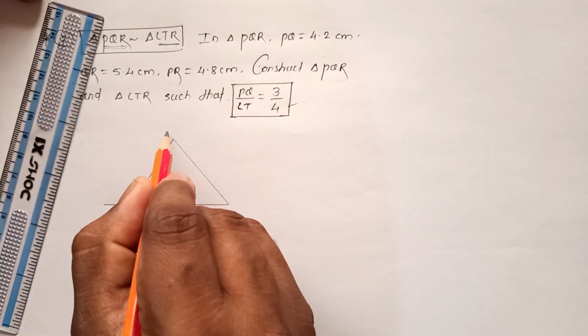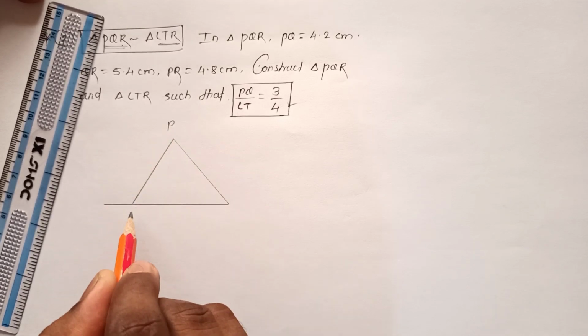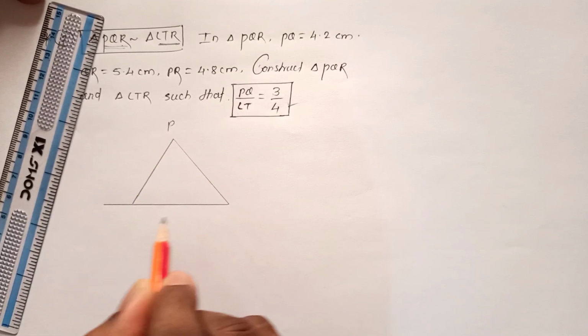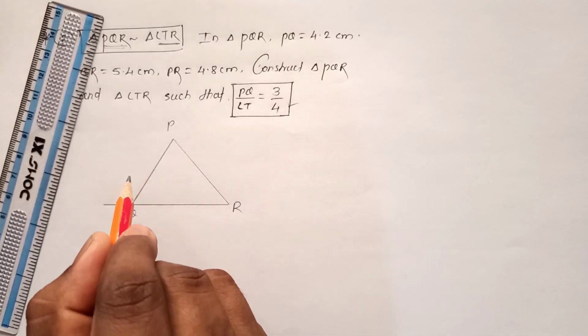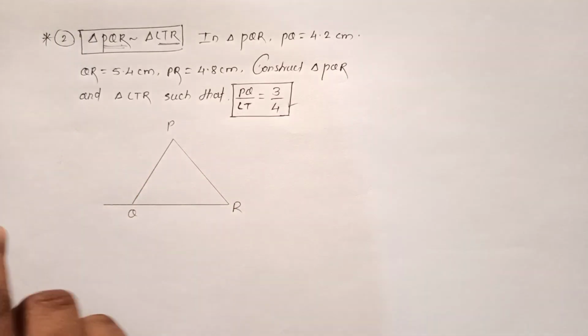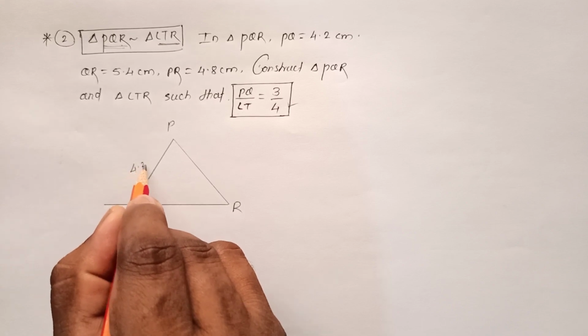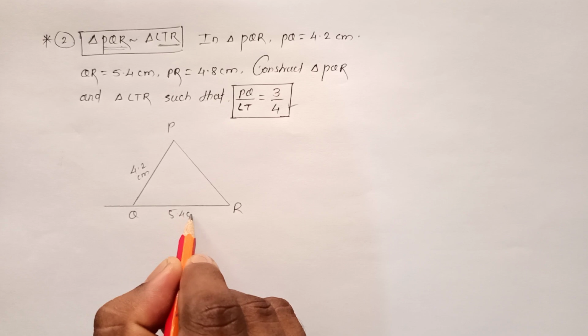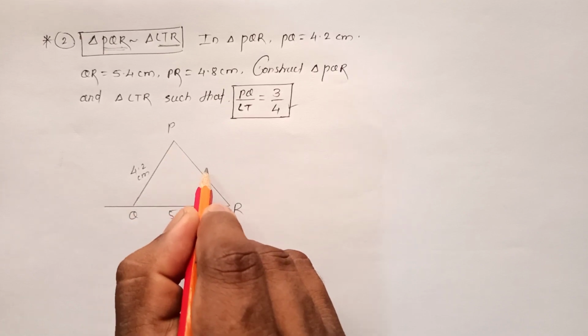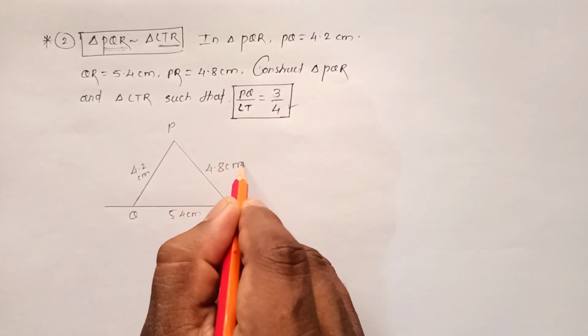So this is P, this one is Q, and R. PQ is equal to 4.2 centimeter like this, QR is equal to 5.4 centimeter and PR is equal to 4.8 centimeter.